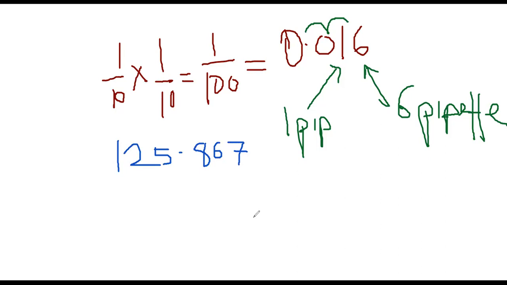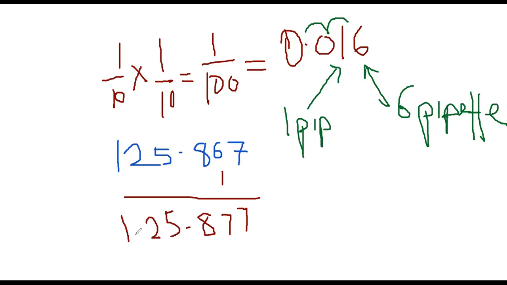If I add 1 pip to this, you can see for the yen pair, I added just 1 to it. That's 6 plus 1, which gives you 7. But what about, let's say, I want to add 20 pips to it?